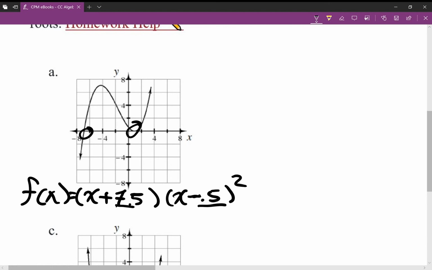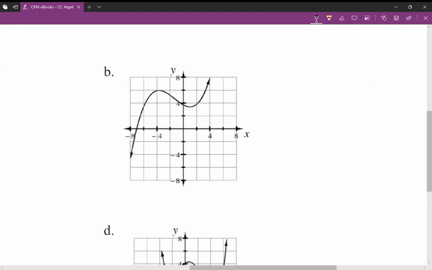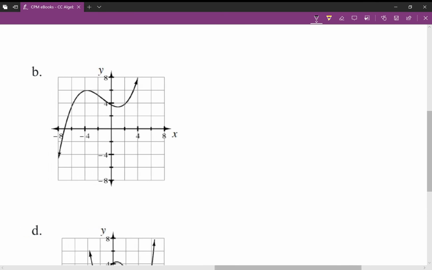Okay, great. Now, let's look at this one. First of all, let's look at the degree. The degree would be 1 plus the number of turning points. Here's one turning point, because it goes from going up to going down, and here is another turning point, because it goes from going down to going up. So it has 2 turning points.